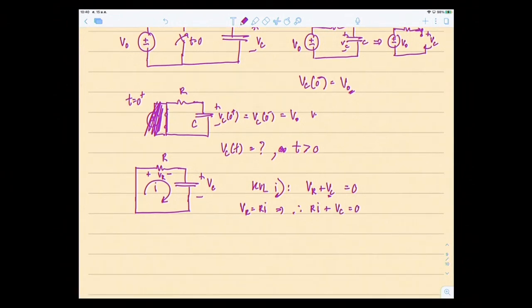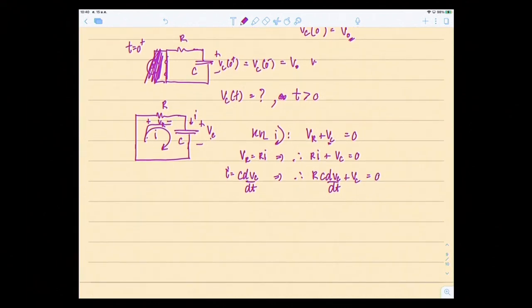The current I goes through R and also through the capacitor, and the formula relating VC and the current I is I equals C dVC/dt. Substituting I in, you get RC dVC/dt plus VC equals 0.